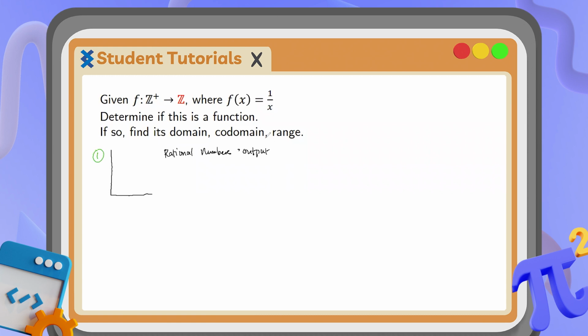Because we did not change the domain for this example, it still remains as positive integers. And since our codomain is said to be integers, this would actually not be a function.